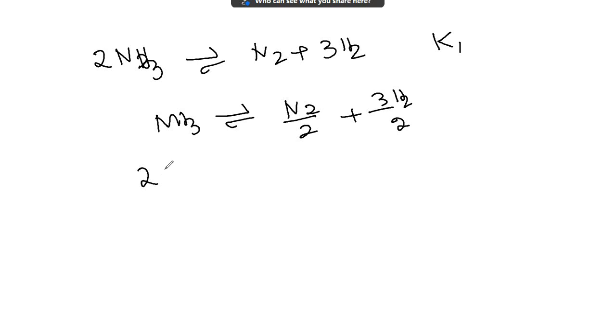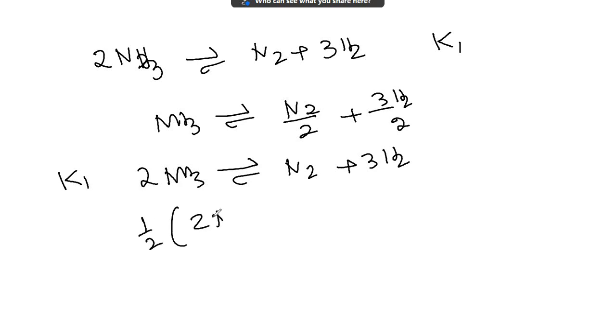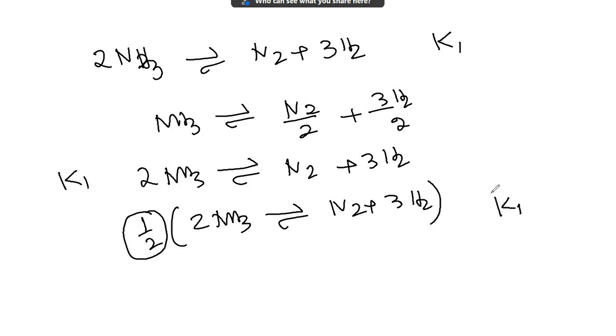That means the earlier one, the first equation, was K1. In this case, half of it. What will be the equilibrium constant in terms of K1? As everything is multiplied by half, it will be K1 to the power half. The coefficient by which all the reactants and products are multiplied goes to the power.